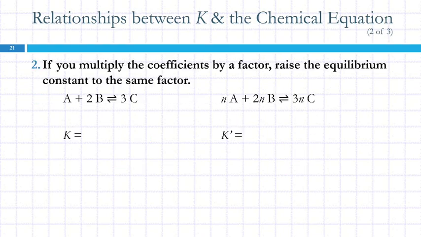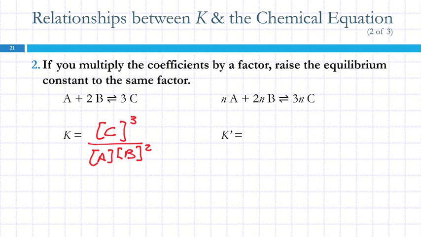If you multiply the coefficients by a factor, you raise the equilibrium constant to the same factor. With delta H, if you multiplied, you just multiply delta H. Here, you're going to use that coefficient or that factor, and you're going to raise it to a power. So again, let's write the equilibrium constant expression. So we have C divided by A times B squared.